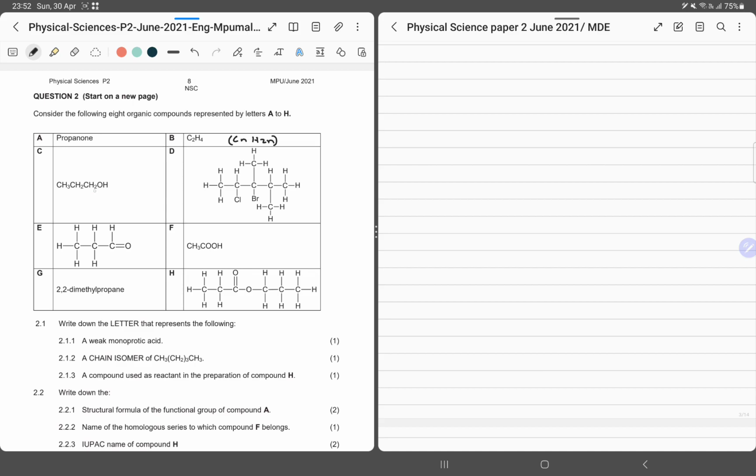We've got a primary alcohol here. And then on D, we've got a haloalkane. Again, this one is a bit more complicated, because there's a chloride atom, there is a bromide atom, and we've got a methyl group as well.